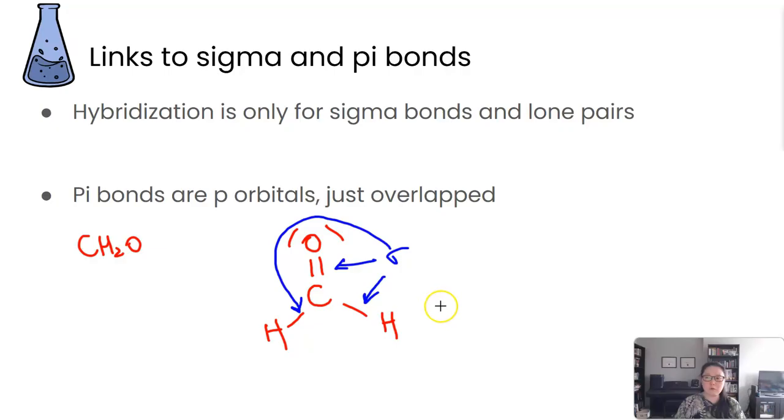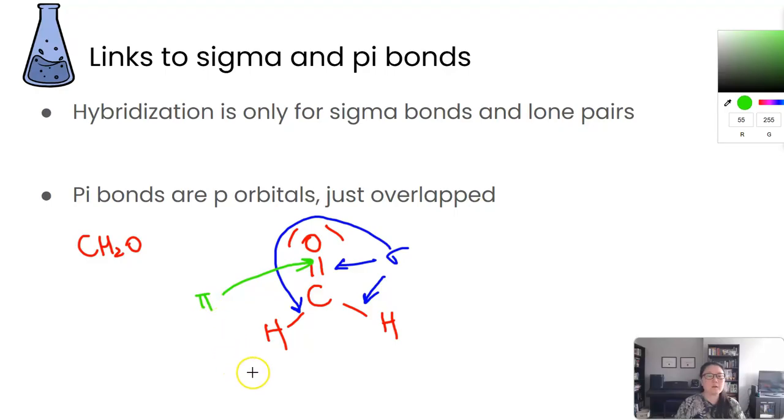There are no lone pairs, but we do know that there is a pi bond between that carbon and that oxygen as well. That's that second bond between the carbon and the oxygen.